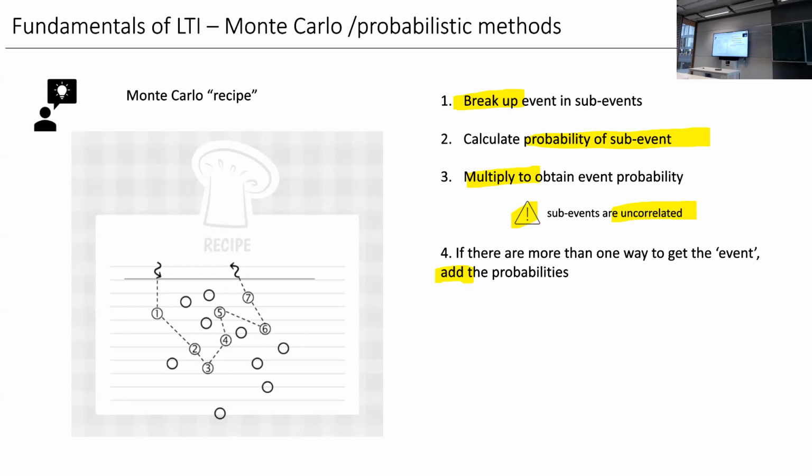Calculate the probability of each event, and if they're independent, multiply these to obtain an event probability. If you have more than one way to get to the result of an event, in this case a different photon path, then you can add all these probabilities and get some probability for photons going from A to B. That you then take as a description of what you measure.